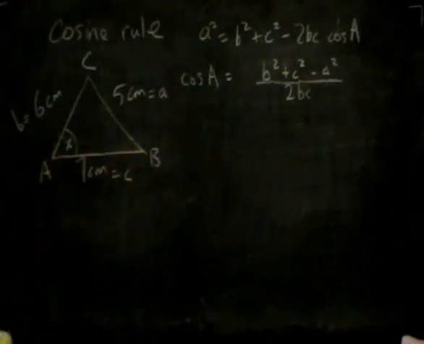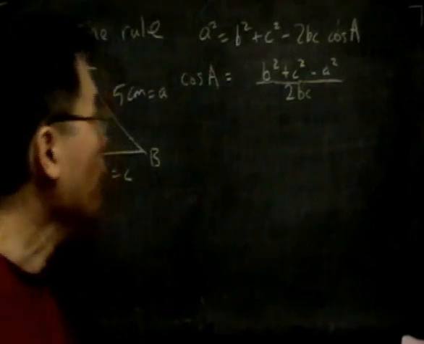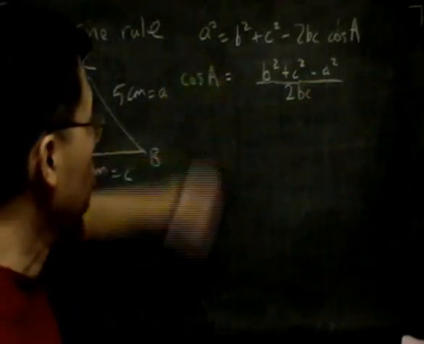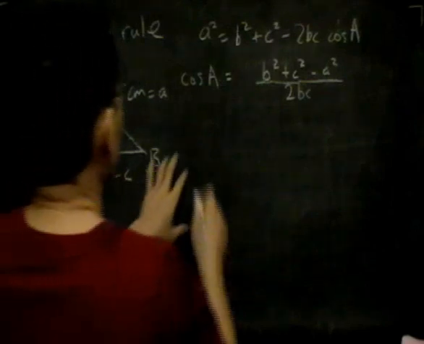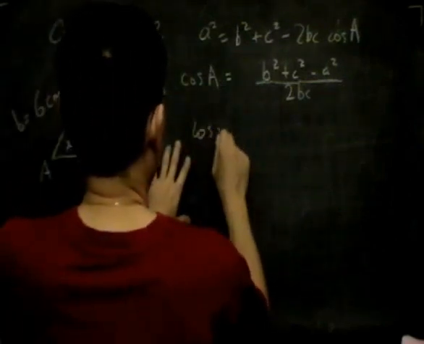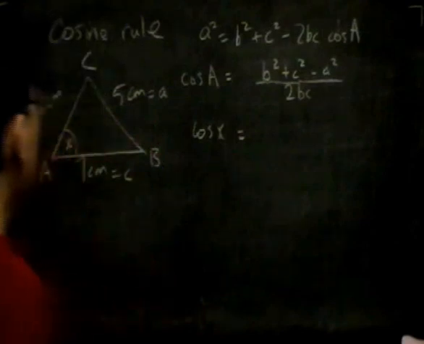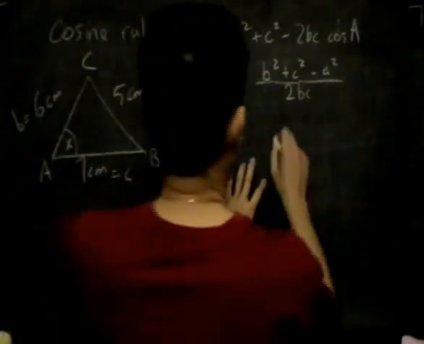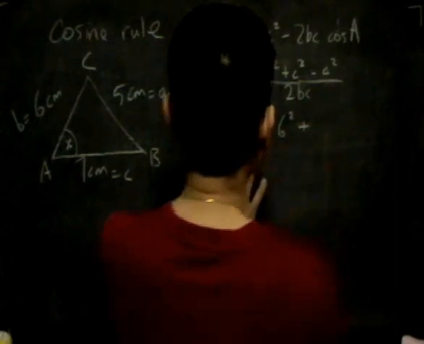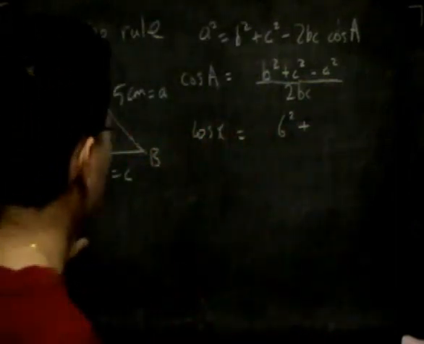So now that I've labeled all the sides, I'm ready to use this formula. Now A is the x, so this is cosine x. B, 6 centimeters. C, 7.